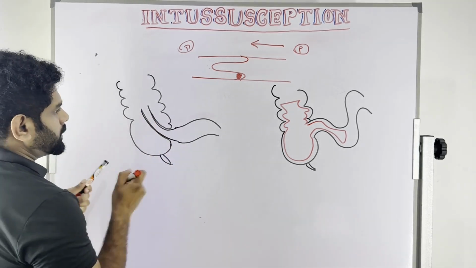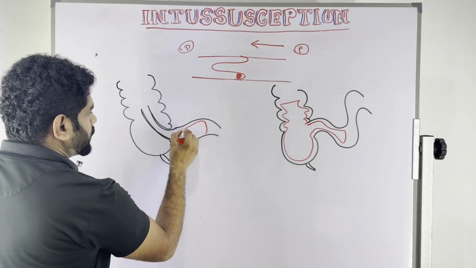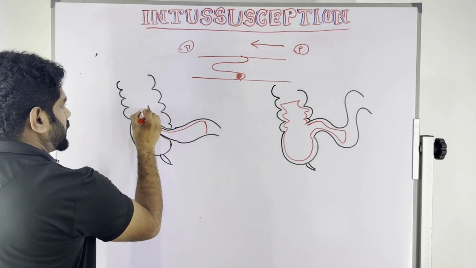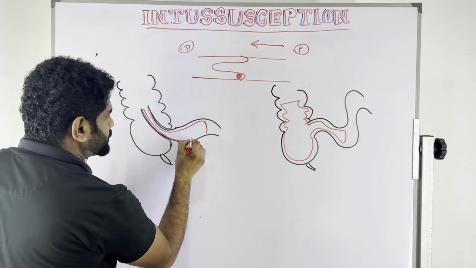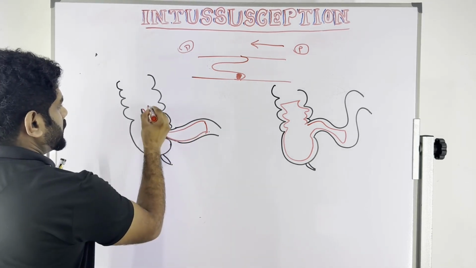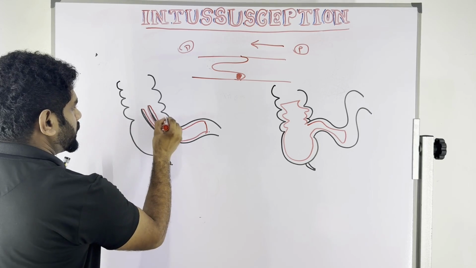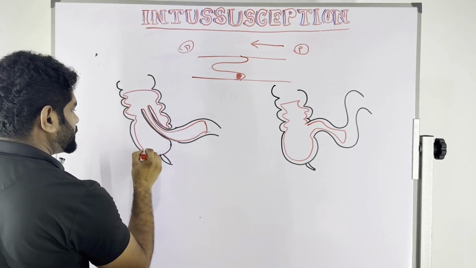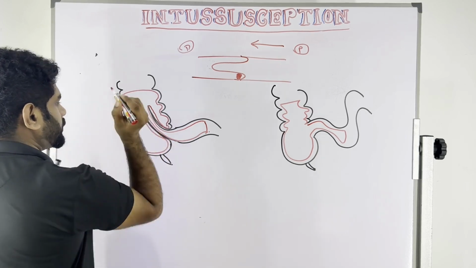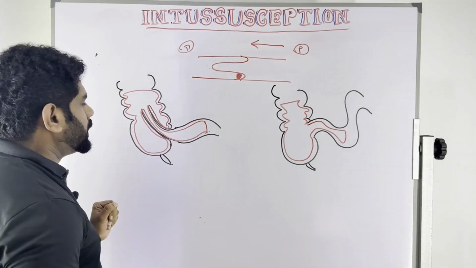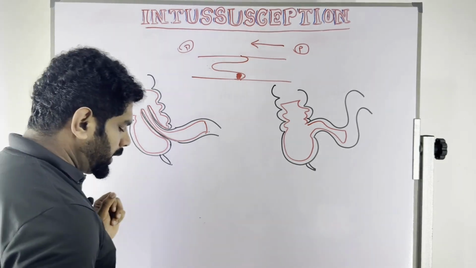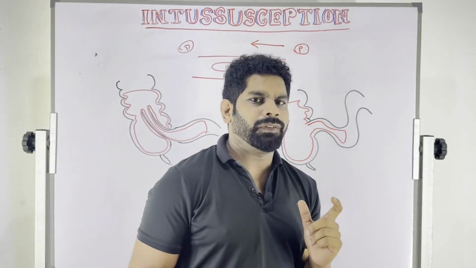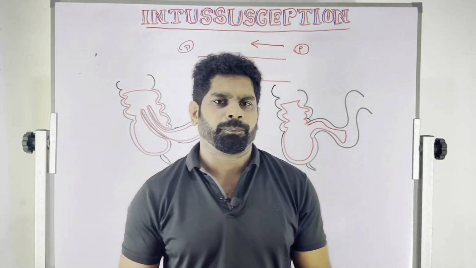So this is the lumen of the ileum, and here we have the lumen of the large intestine. Okay, due to some traction point, part of the bowel is invaginated into its own lumen.